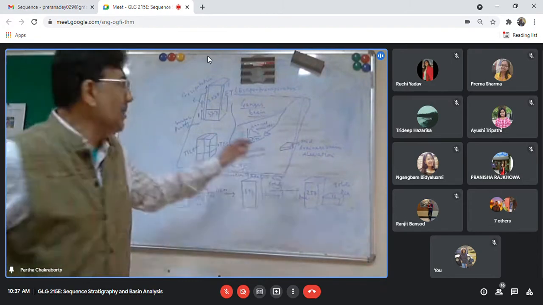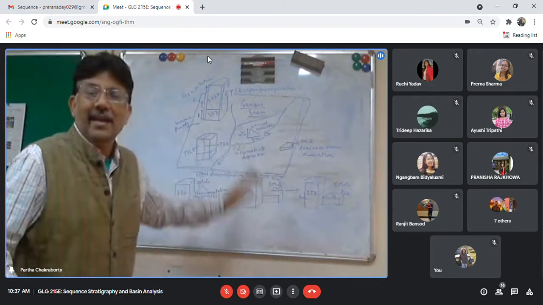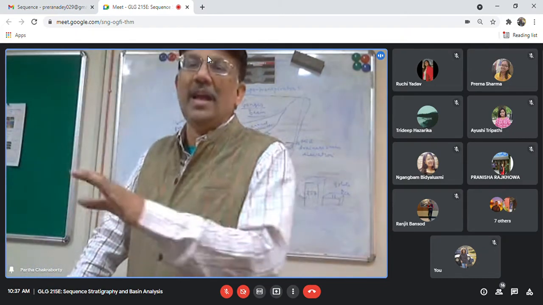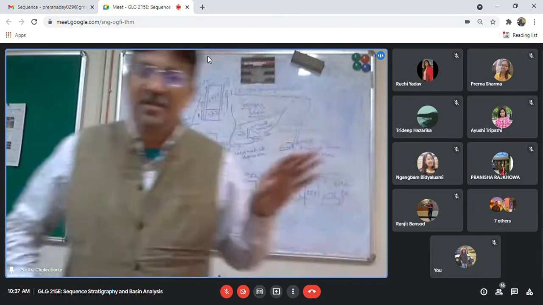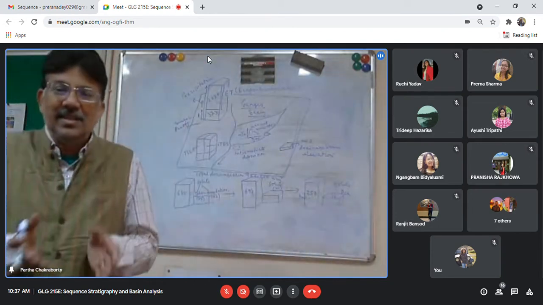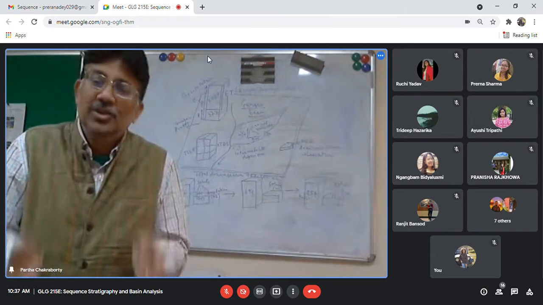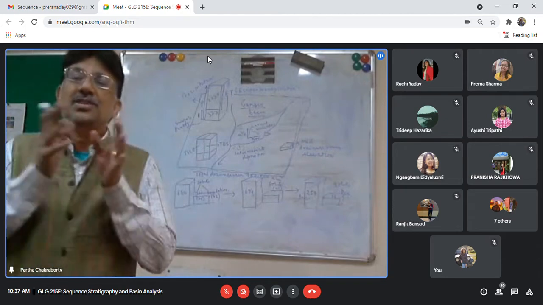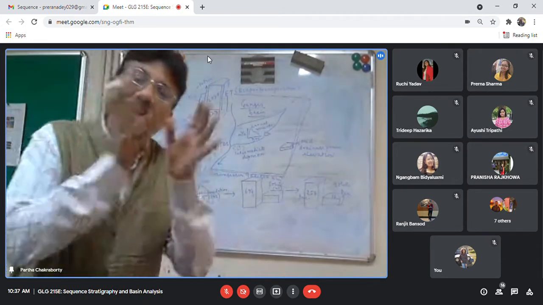Some of the sediment may stay back within the drainage basin itself, deposited and not reaching the basin. So the total budget released in terms of chemical and mechanical may not reach the main basin because of some inheritance within the drainage basin itself.